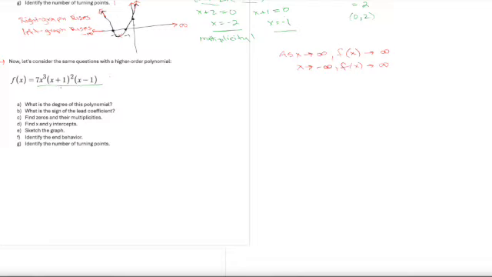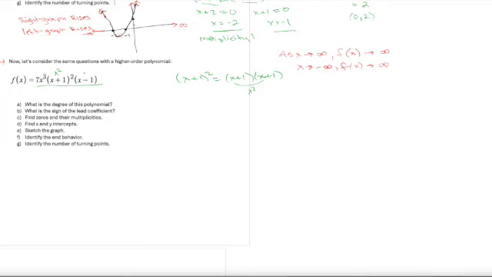So if you think about it, x plus 1 squared is x plus 1 times itself, right? So when I FOIL that out, that lead term would be an x squared. So basically an x squared would be the lead term coming from that factor.